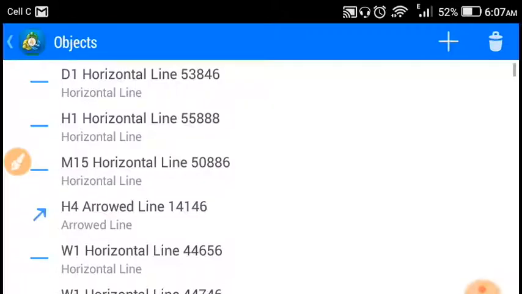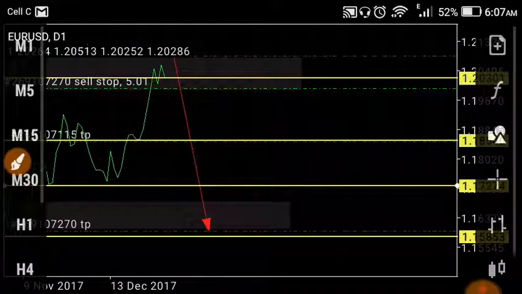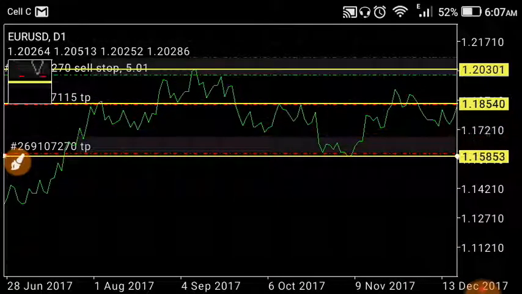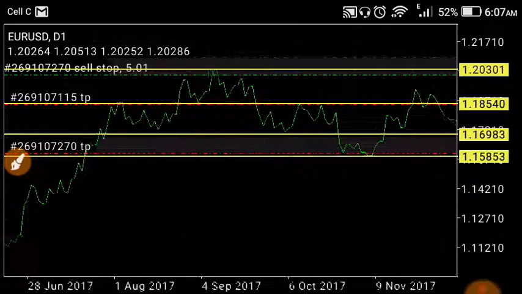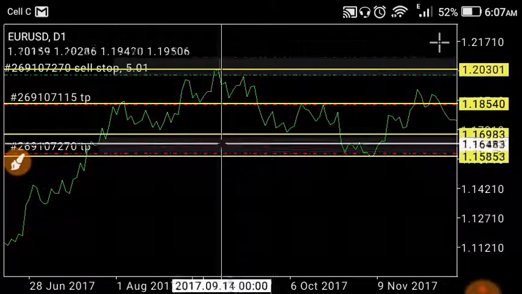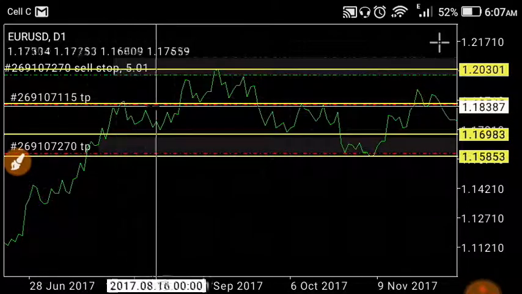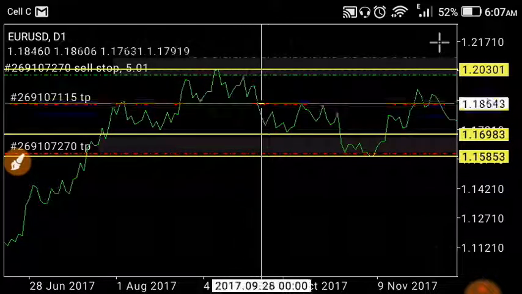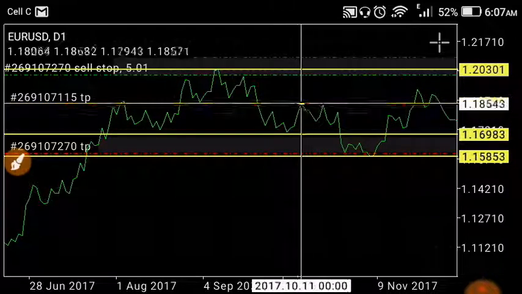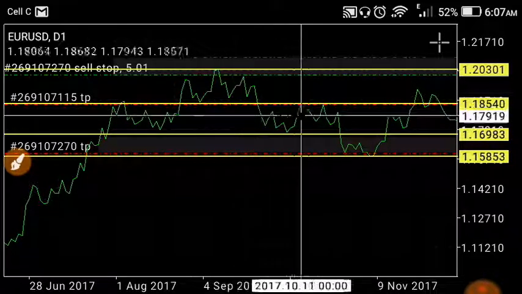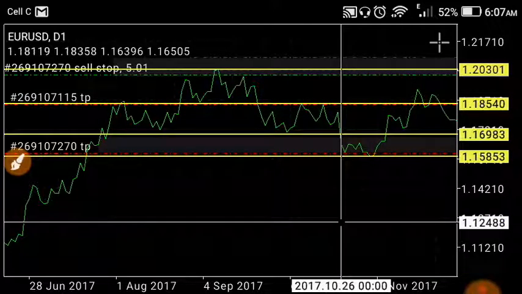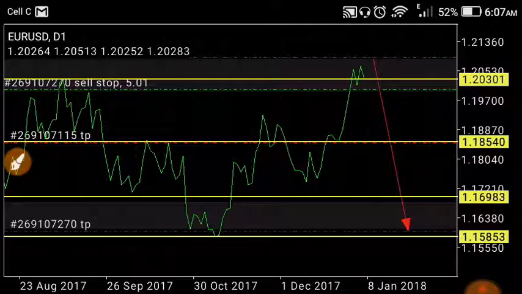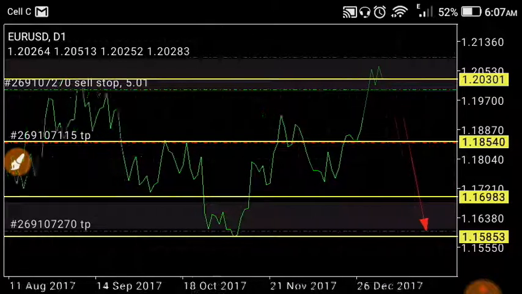As you can see, we have a resistance there, a new support there, and it kept on bouncing and consolidating there. And then now we have a new resistance as well once it broke through to the downside. So it's quite a significant area there as well. So we just hold on to that. This will be used as our first target once the market starts coming down.